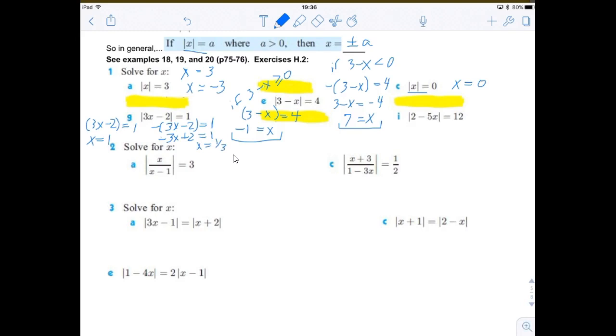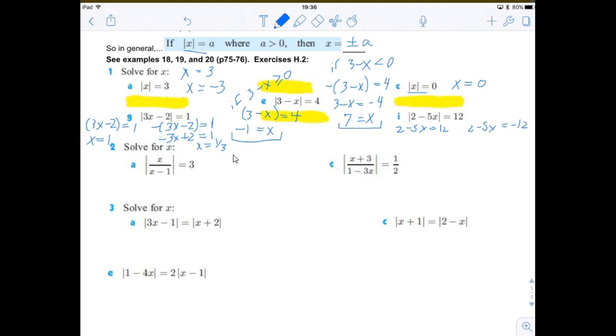Okay. Finally, letter I. Absolute value of 2 minus 5x equals 12. So this is 2 minus 5x equals positive 12. And the other option is 2 minus 5x is equal to negative 12. Or the negative of this is equal to positive 12, and then we just multiply both sides by negative 1.